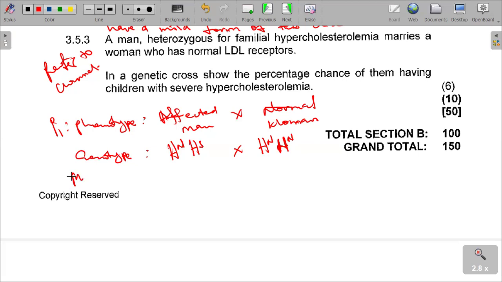And then we say meiosis, and then the gametes.